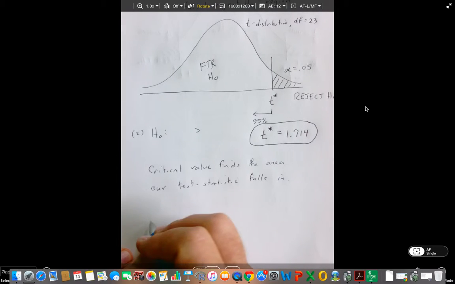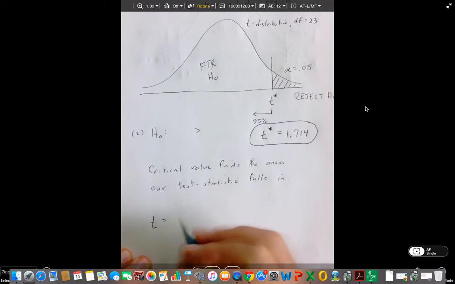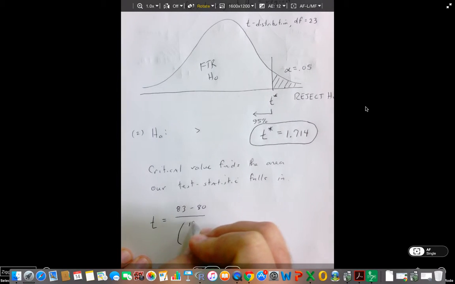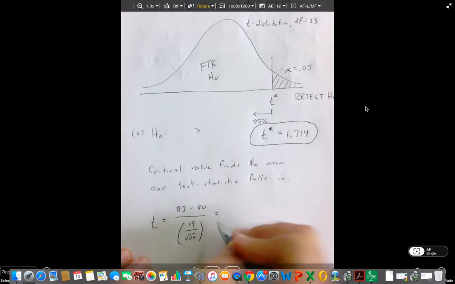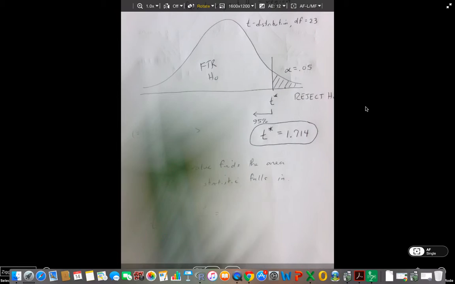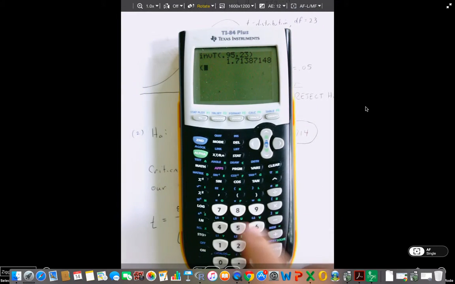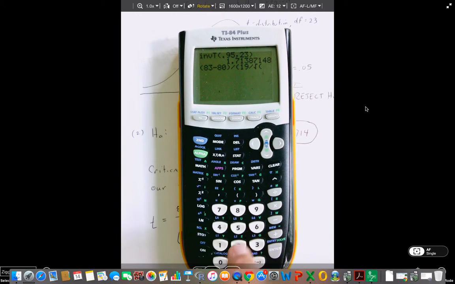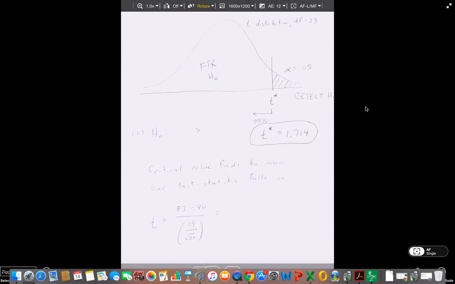Well, guys, let's remember our test statistic was what? 83 minus 80 over 19 divided by the square root of 24. You may remember that. I don't. But I don't care because I can get it real quickly. It's 0.77.